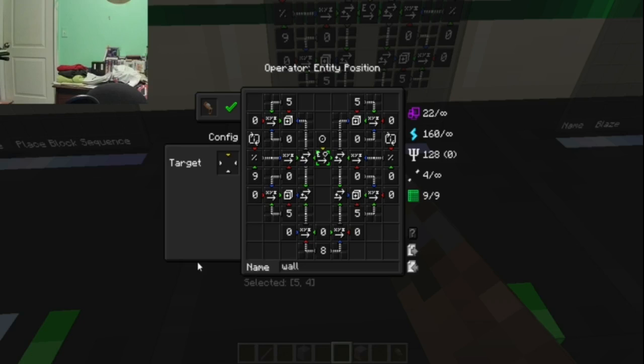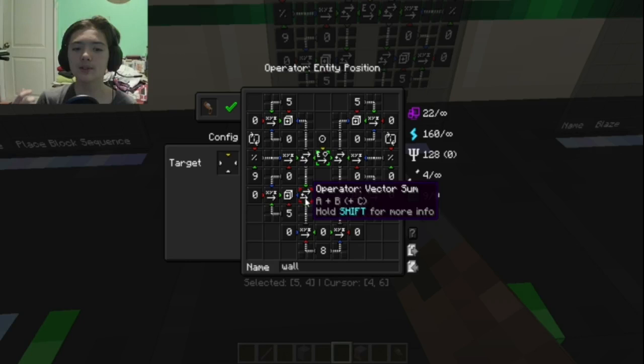Alright, essentially what this is, is 4 different spells. Operator Vector Sum, the exact opposite to Vector Minus, which subtracts things. This adds vectors. And Vector Construct, it creates an XYZ parameter.